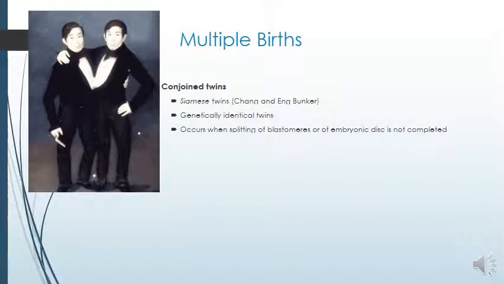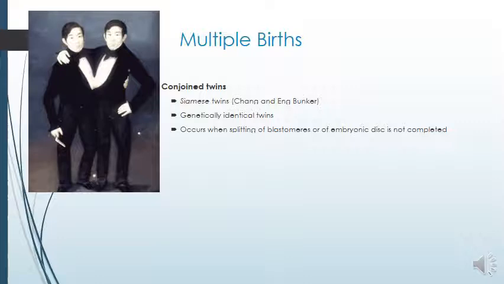If the splitting of the blastomeres or of the embryonic disc is not complete, this can result in conjoined twins. One of the most famous sets of conjoined twins was the two brothers Chang and Eng Bunker, who were from Thailand, which was at that time called Siam.